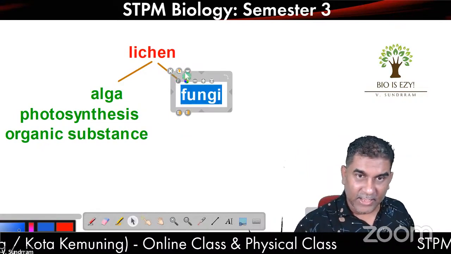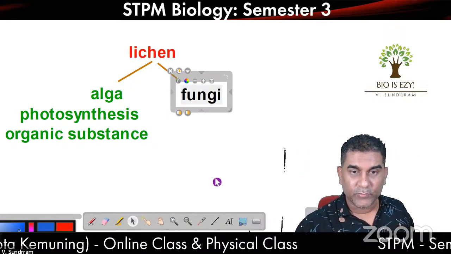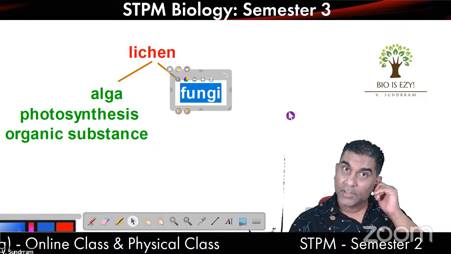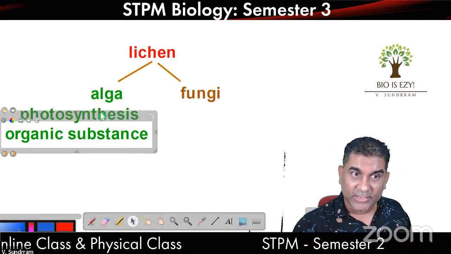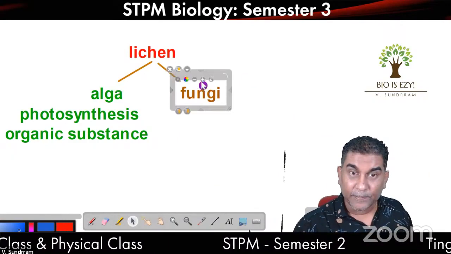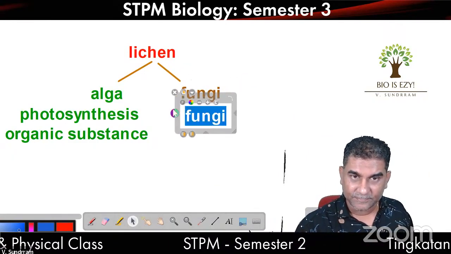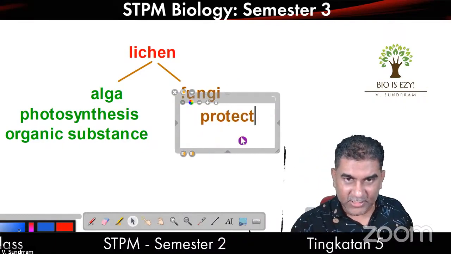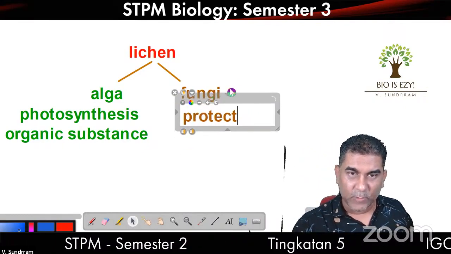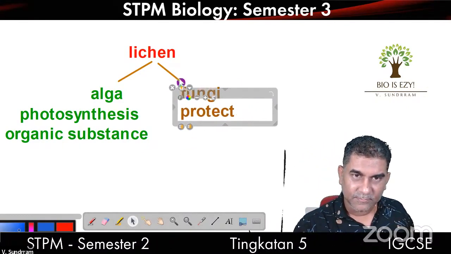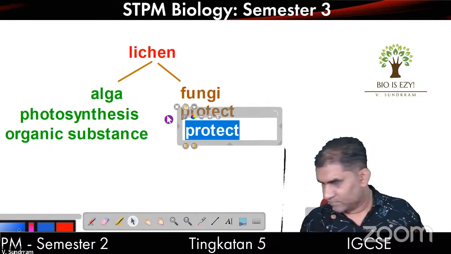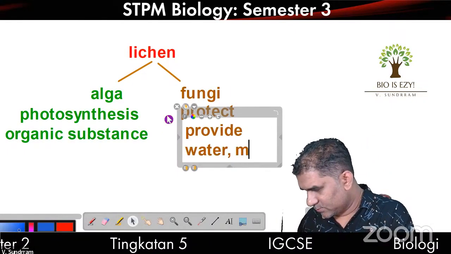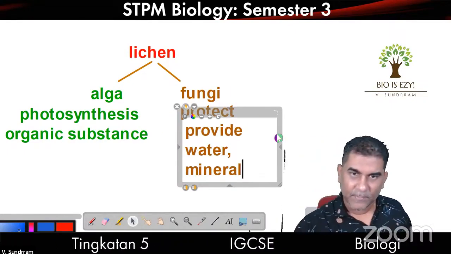Now these fungi cannot do photosynthesis, but they have an advantage. They are multicellular. Because they are multicellular, they can protect the alga. They provide protection, and they also provide water and minerals.